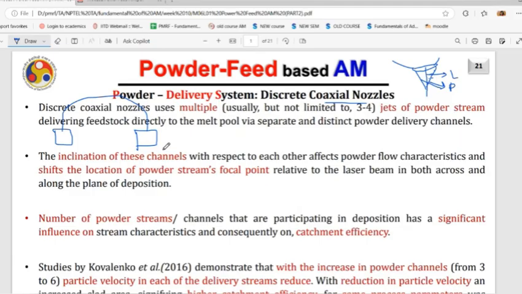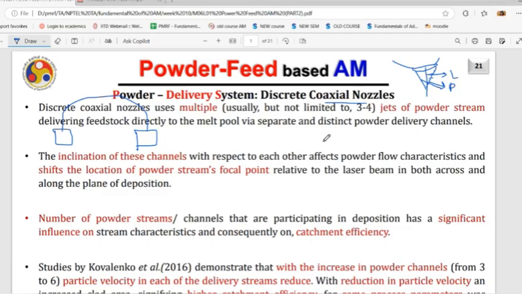But if I am trying to build a component with micron level feature size or resolution, then I have to go for a smaller powder diameter. In that case, the system that has been used cannot be used. We have to change the system.